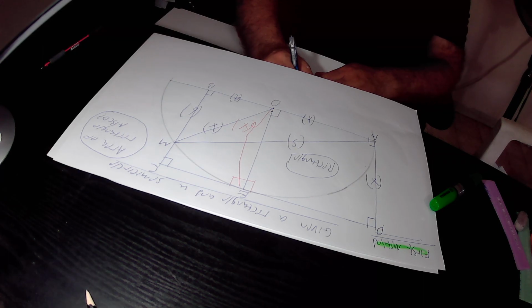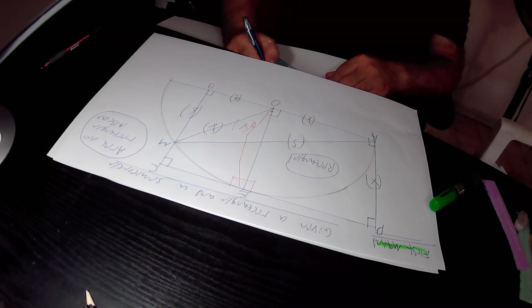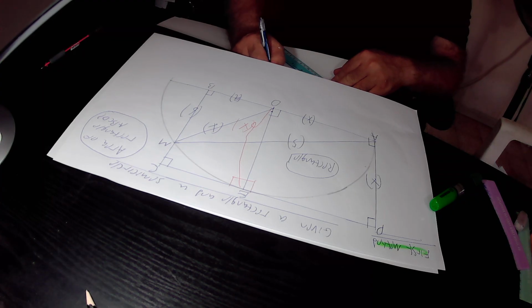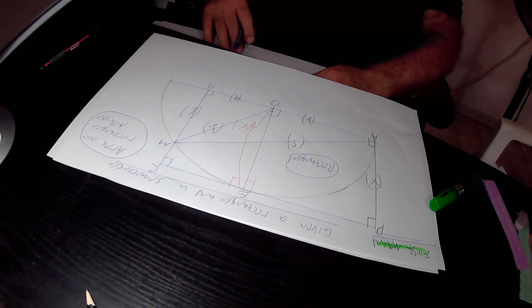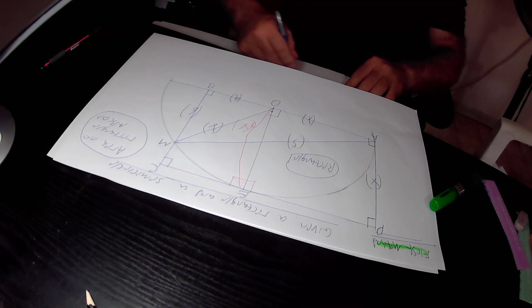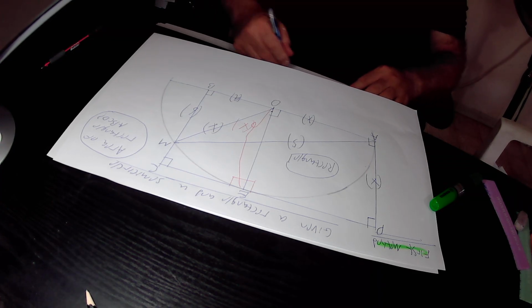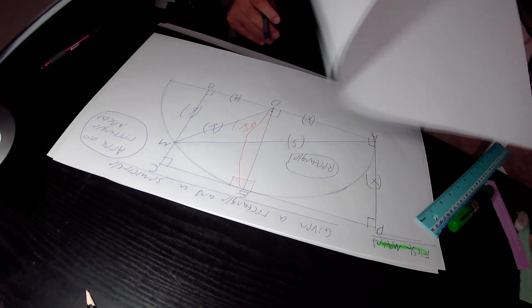Here, PT stands for the Pythagoras theorem. So actually, this is the right triangle MBO that I copied from the original drawing.